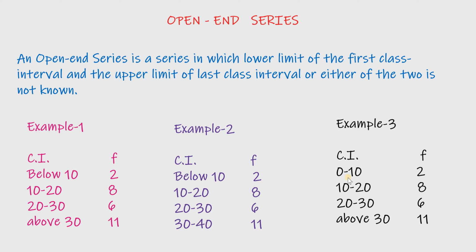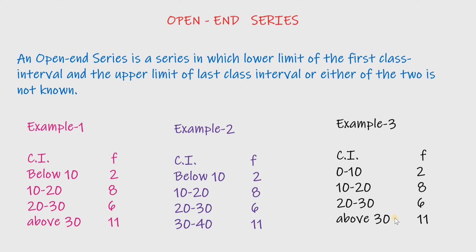And in the third example, the upper limit of the last class interval is not given. The lower limit of the first class interval is given, but the upper limit of the last class interval is not, because there is no such limit above 30. So above 30 is what number? It is not given. So this is also an open-end series, because for the last class interval the upper limit is not given.